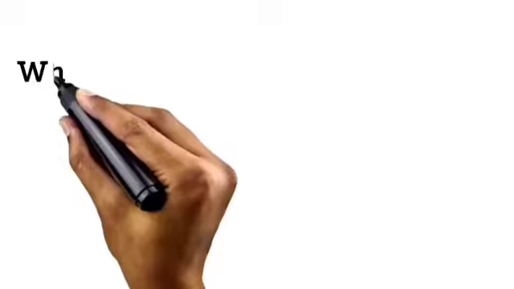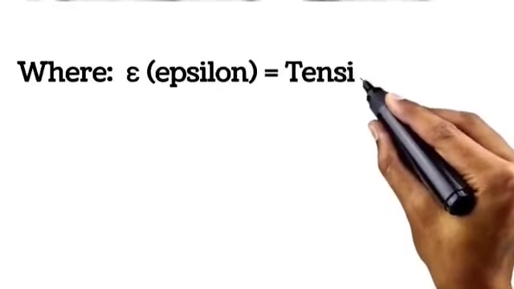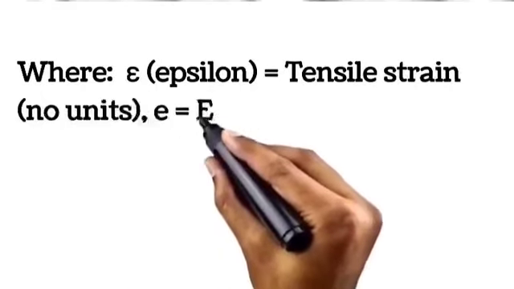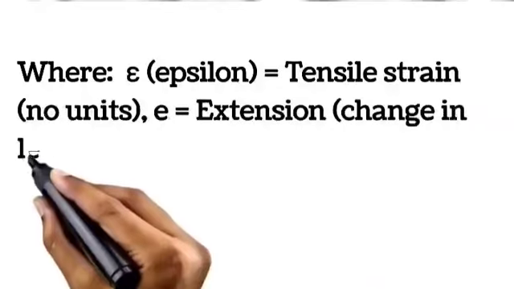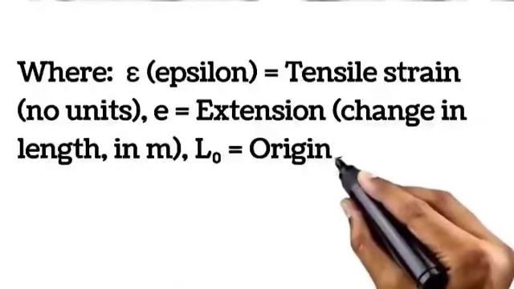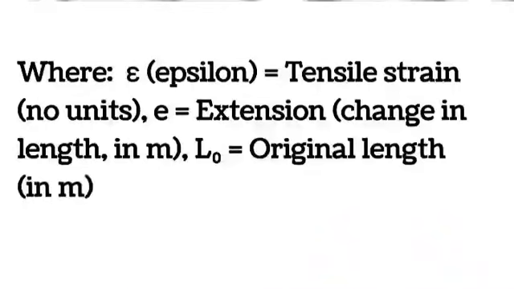Let's define the terms. Epsilon is the tensile strain. It has no unit because it's a ratio of lengths. Then e is the extension in meters. L0 is the original length, also in meters.